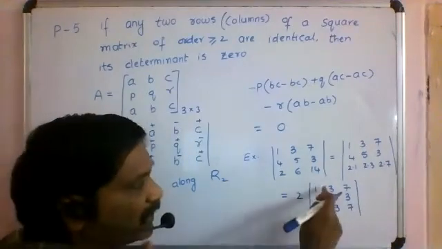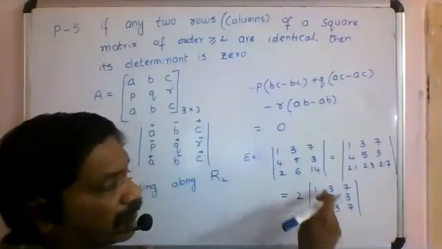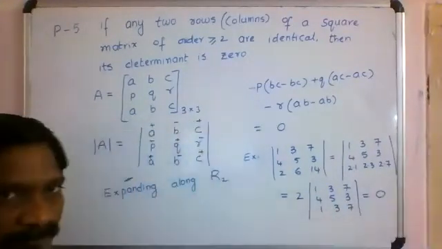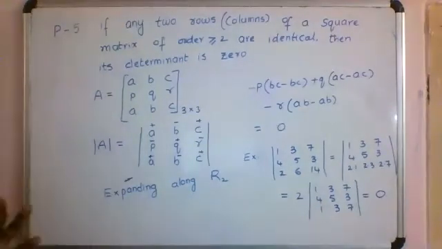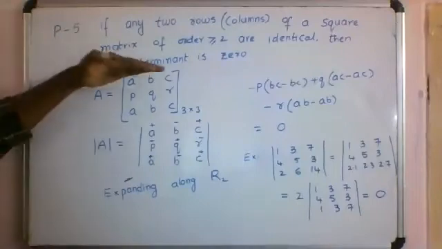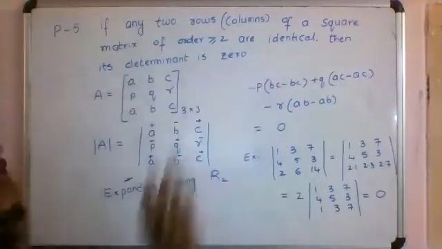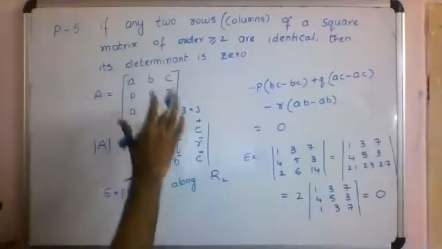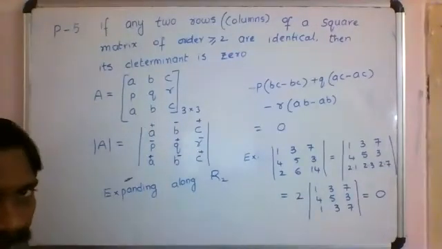Now you can observe that this first row and third row are similar. Therefore, it should be 0. So what we can understand from this is, not exactly the same numbers, but if they are identical, meaning if you take common, then also they may become equal, even in that case the determinant becomes 0.